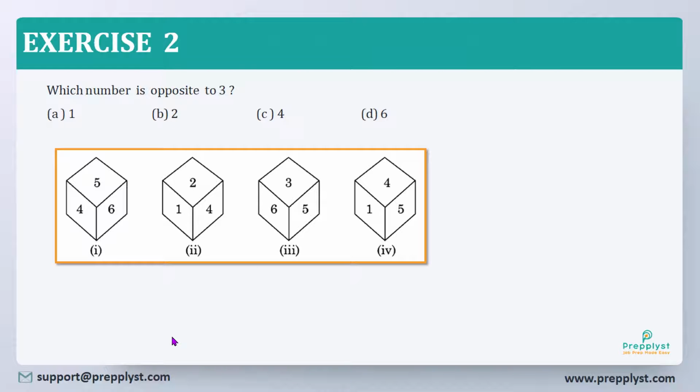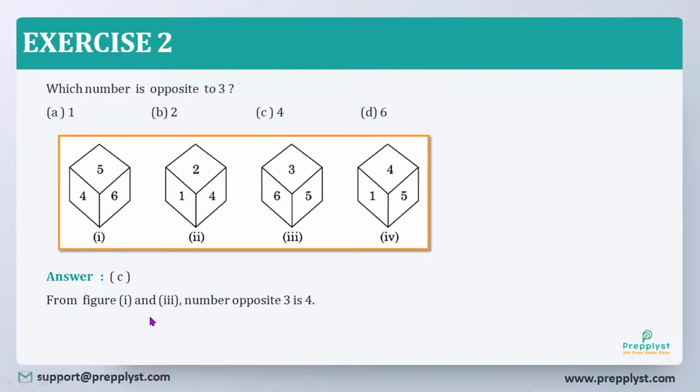You should study the 4 positions of the dice and find the number which is opposite to 3. You could pause the video and answer the question. Now when you look at the first and the third, you would see that the numbers 6, 4 and 3 are adjacent to 5.